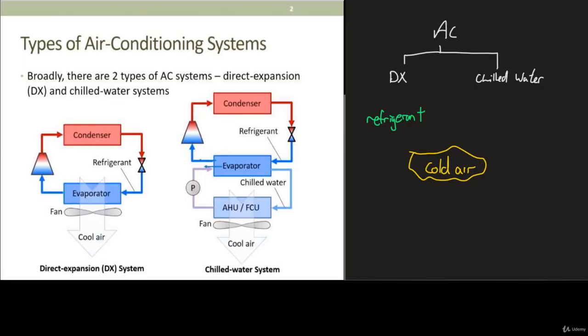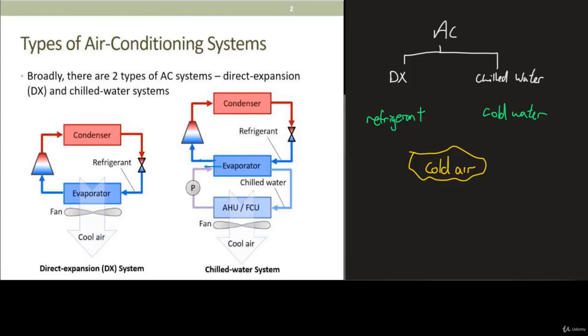The second type of cooling system or aircon system we have is called chilled water system. So what is the difference between these two? For chilled water system, your cold air is being achieved not by refrigerant. Instead, you get your cold air because of the cold water, or we call it chilled water, that flows around the building.